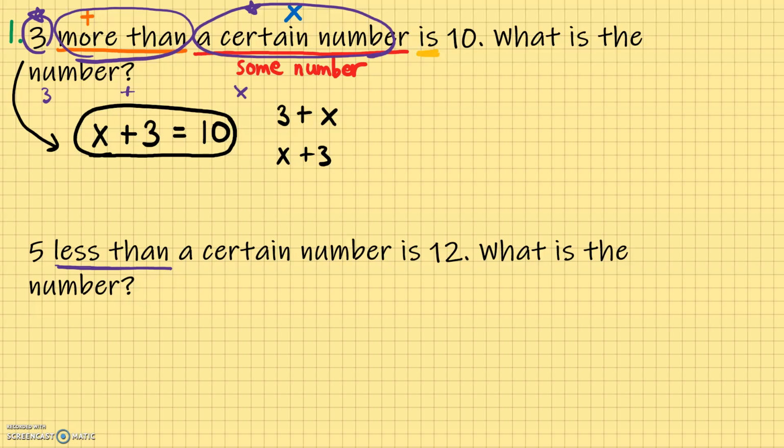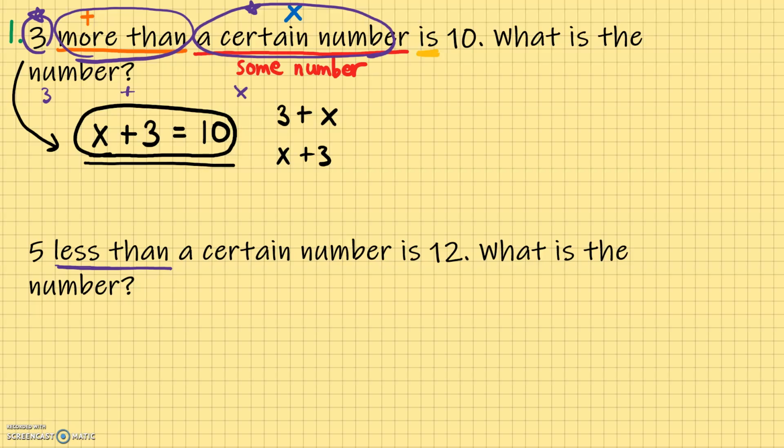Once you start to understand this word problem more, you'll know why we're switching those. It's just an English expression. When we say something more than something, we're adding the previous quantity to the quantity that follows. So 3 more than a certain number is 10 is this equation right here.